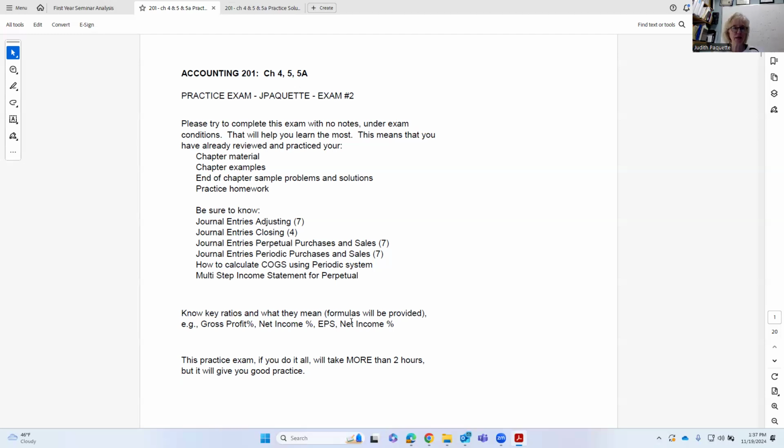So what you're saying is how profitable is the company per share of common stock? You want that number to be high, so the higher the better, right? You're making more earnings per share. Net income percent is net income divided by net sales. Gross profit percent is gross profit divided by net sales. So lots and lots of journal entries.